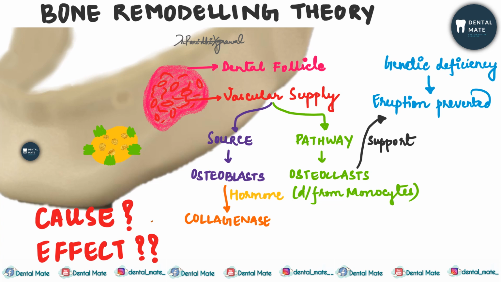Along with that, there occurs bone deposition in the apical area. But what is not clear is whether this is because of the tooth eruption or is it causing the tooth eruption.